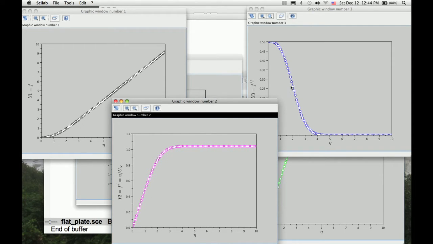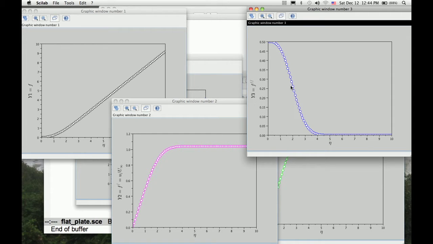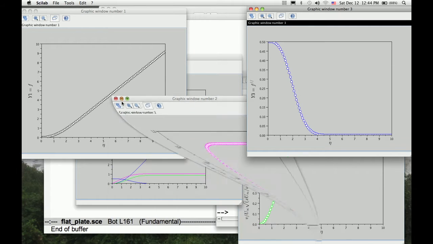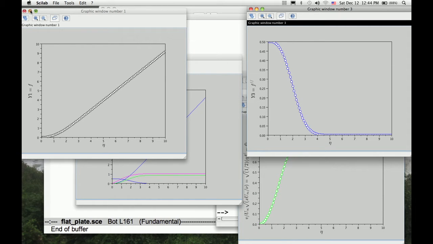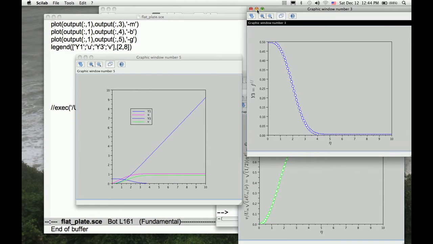And then this window shows you f double dash versus eta, right? And what is important to understand here is that these are basically direct output from the code that we write. Okay, so having done that, let's minimize those.